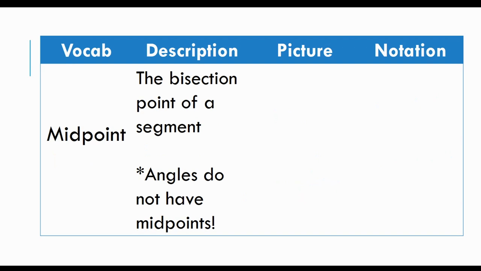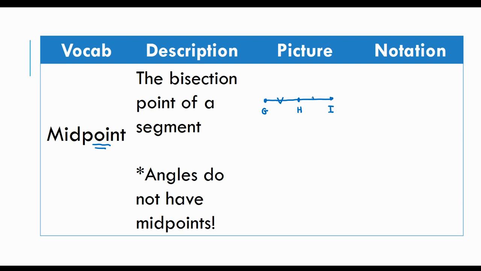A midpoint is the bisection point of the segment. Okay, so if I have a segment, I'm going to call that segment GI. A midpoint, notice how it has the word point in it, so it has to be a point. I'm going to call that point H, and because it's the bisection point, it has to divide that segment into two.